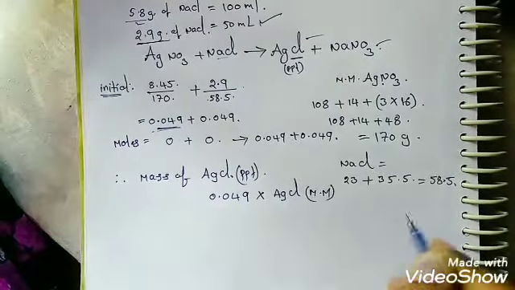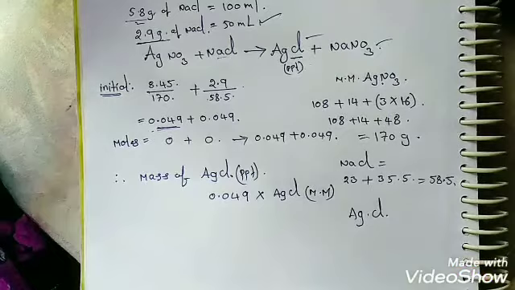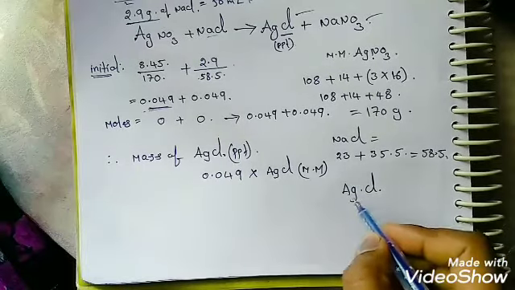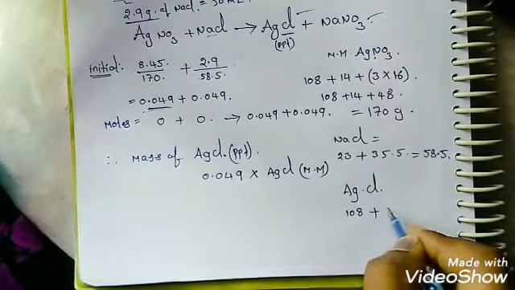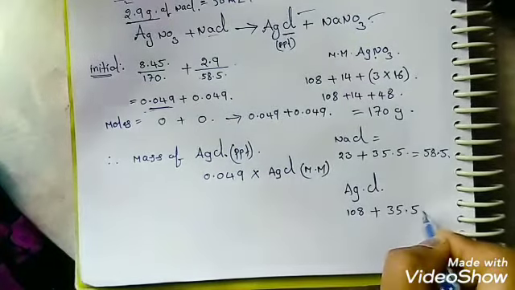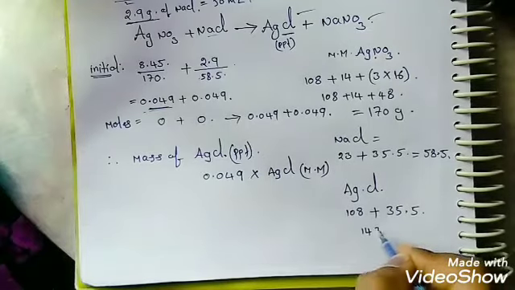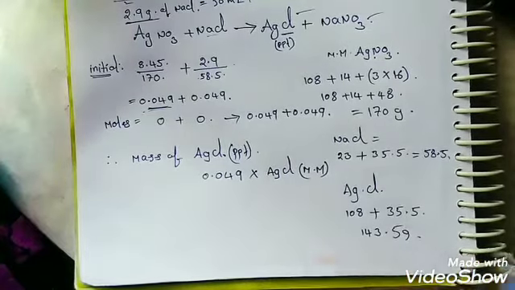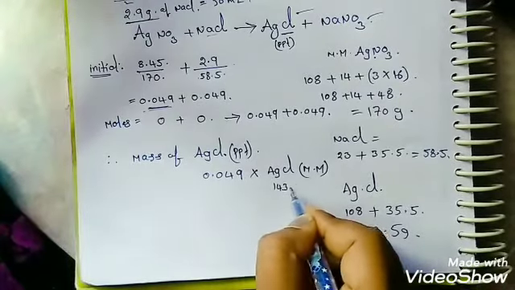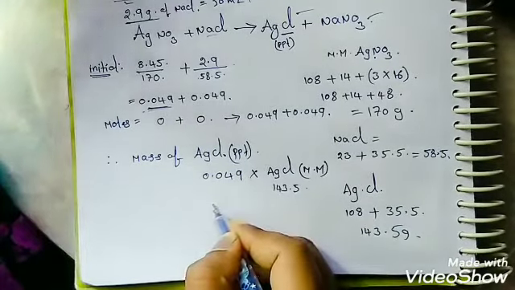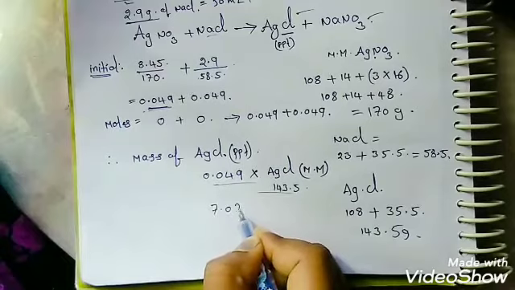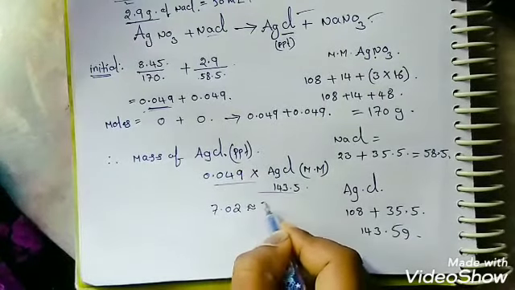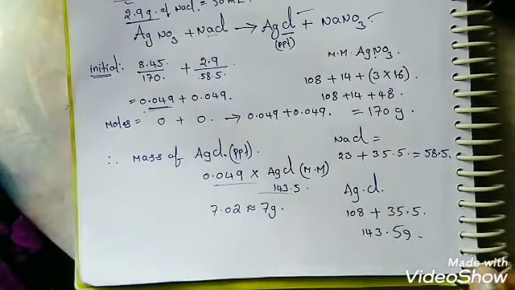AgCl means Ag, silver, already previously we did that; for silver we have taken 108, plus chlorine 35.5, then the answer is 143.5 grams. So if you simplify this multiplication, students, finally you will get the answer 7.02. Approximately you can take this answer as 7 grams.